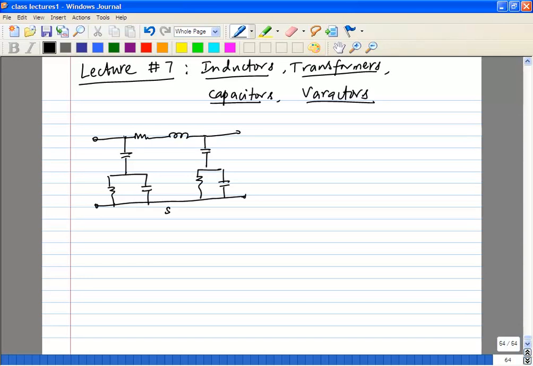So this is your substrate, and let's call this node A and node B, which are the two nodes of your inductor. And then we also had this coupling cap CC, Cox, RS, LS, the capacitance and resistance of your silicon.